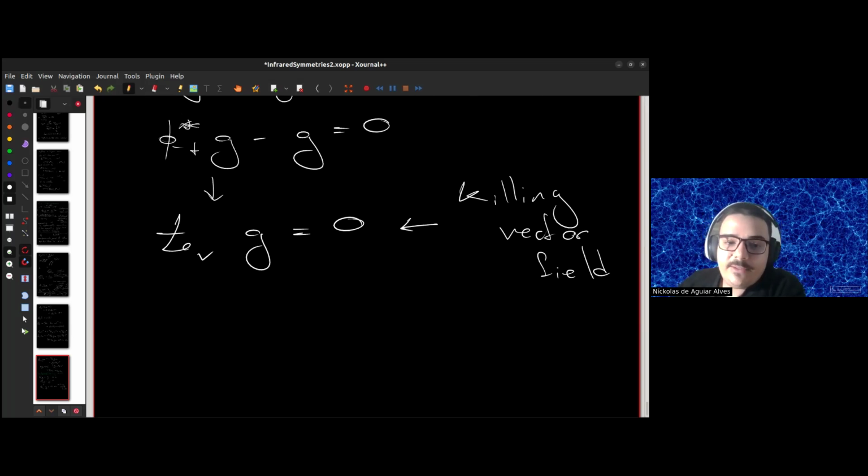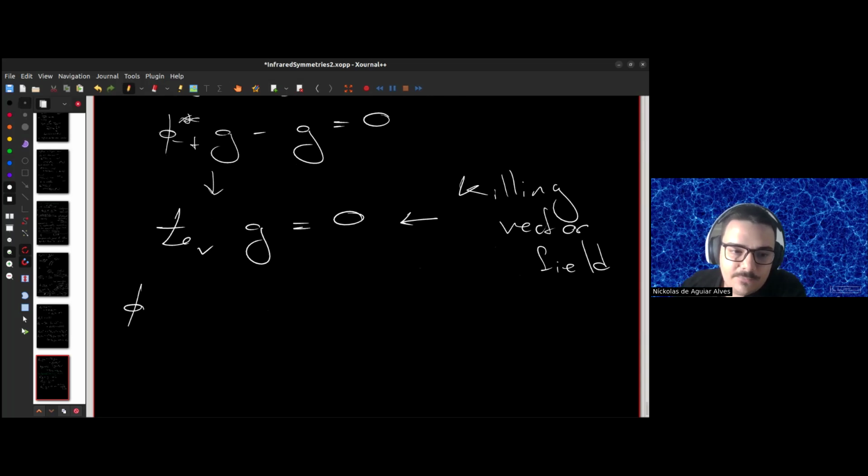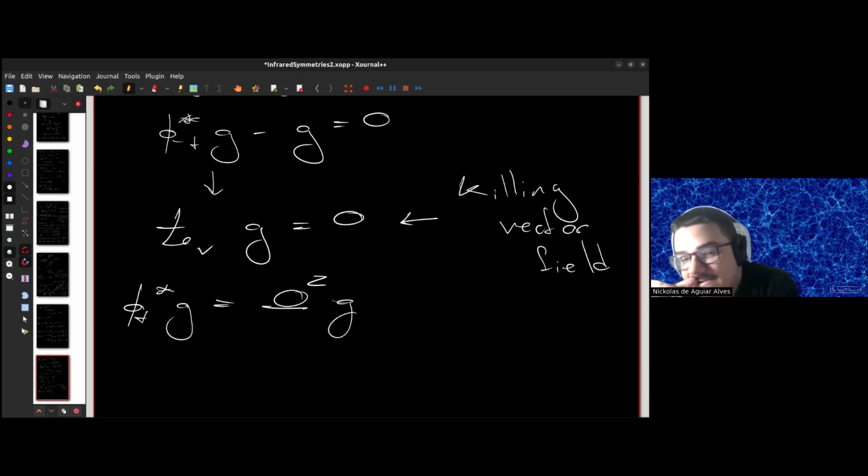We can also have something a bit more general, which would be in the case that we have phi star g equals a function omega squared g. This here means that when you apply the transformation, you're actually changing the metric by a multiplicative factor.